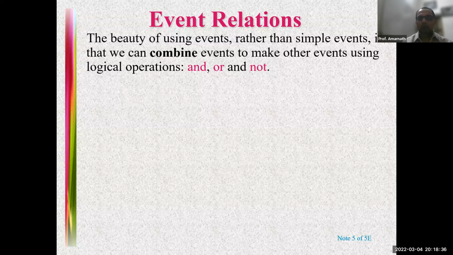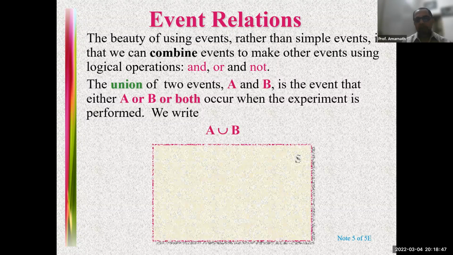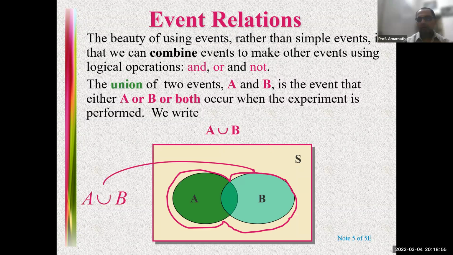So the union of 2 events, we write it as A union B. So mix everything together, that's known as A union B. We saw shades of it in our example on that sample set.